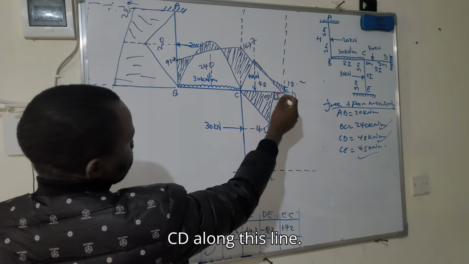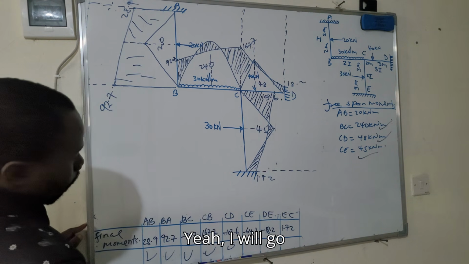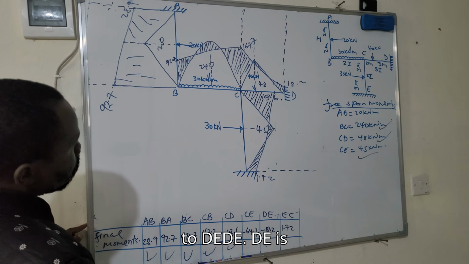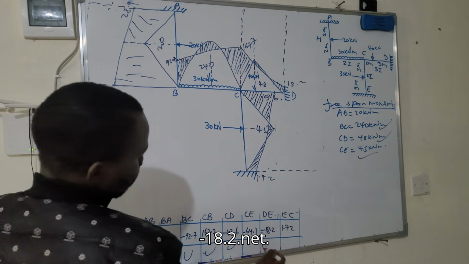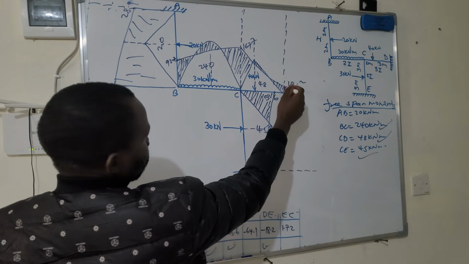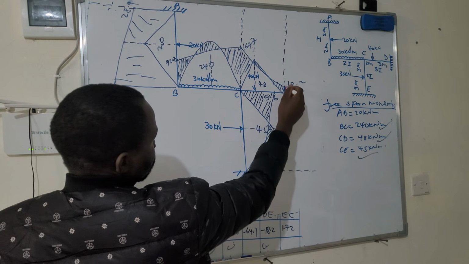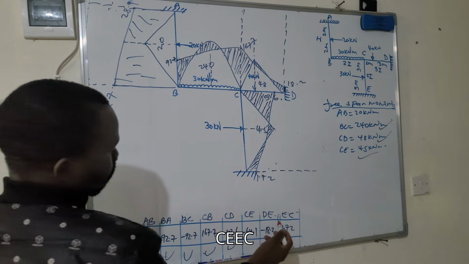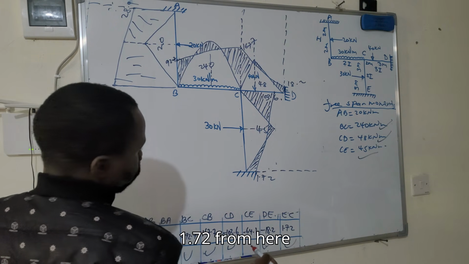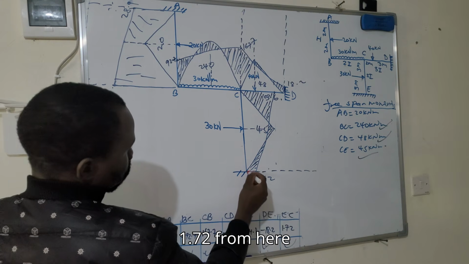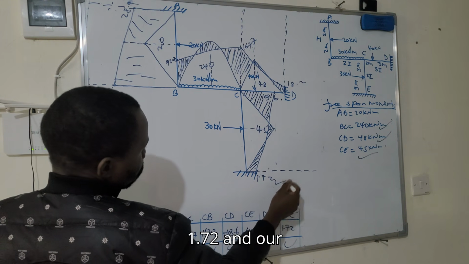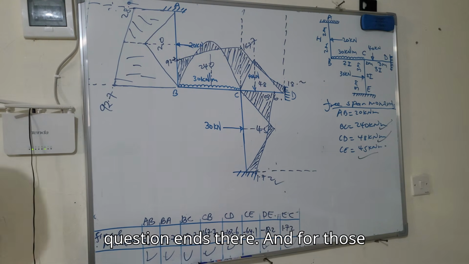CD along this line. And we go to DE. DE is negative 18.2, approximately like there. And then we have CE and EC, 1.72 from here to here. And our question ends there.